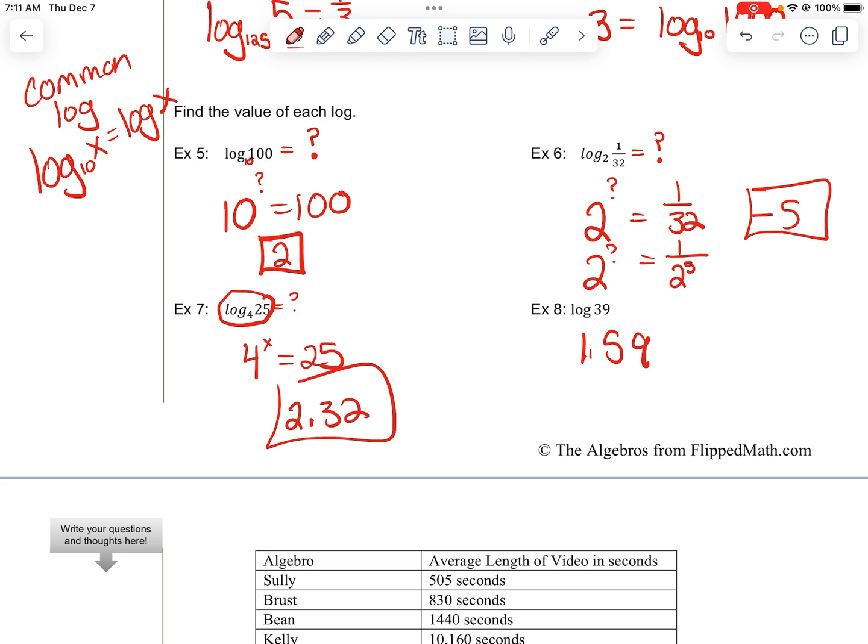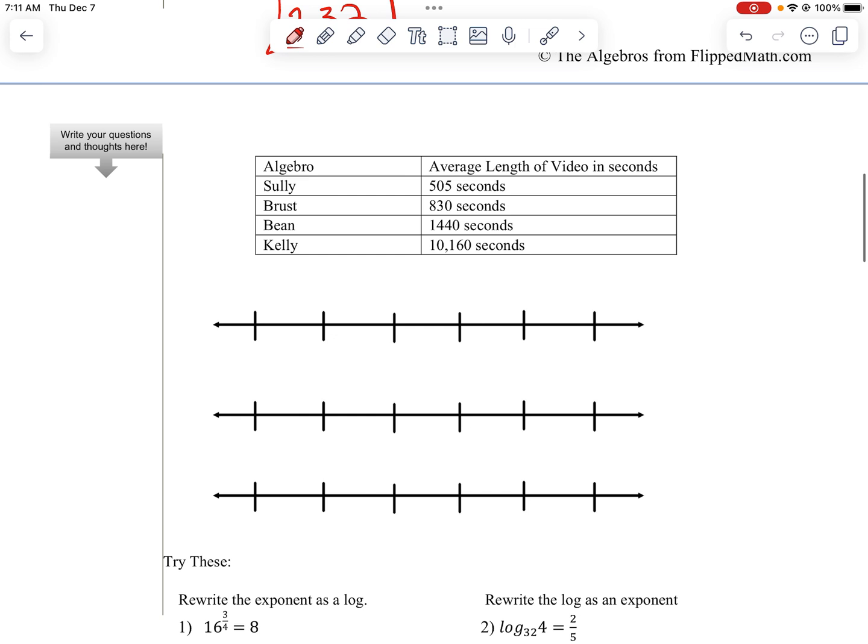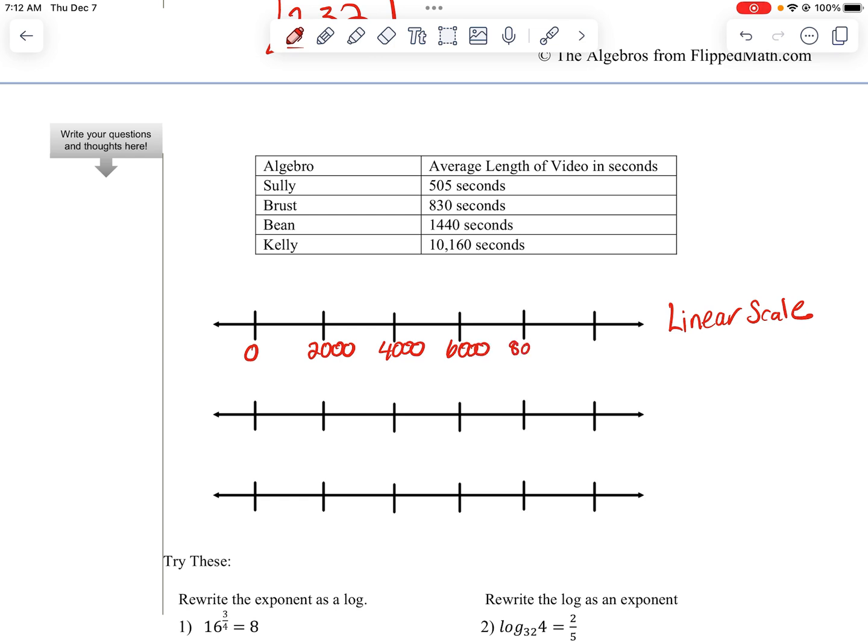So now we're going to take a look at why do we have logs? Logs are a different scale. For example, here is the average length of some videos in seconds. If I was to graph these on what we're going to call a linear scale, this would be 0, 2,000, 4,000, 6,000, 8,000, and 10,000.